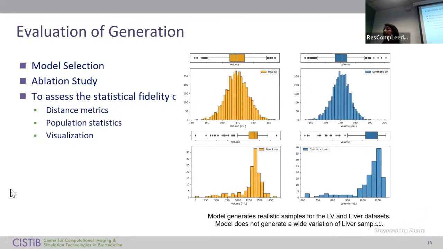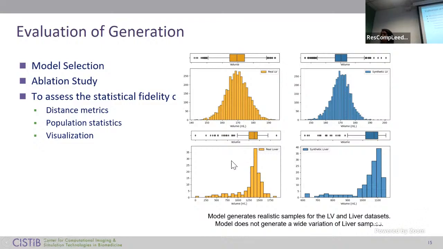And here is the population statistics evaluation. After generating some synthetic data, the blue histograms show the synthetic population for LV and liver, and the yellow ones show the real population of both datasets.